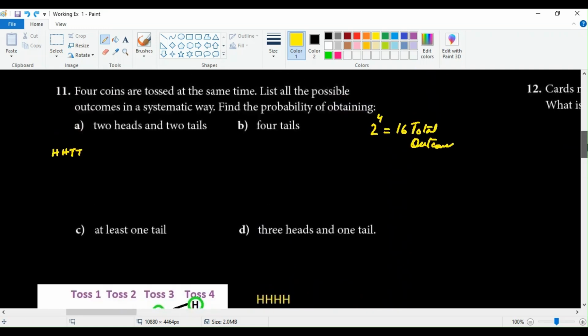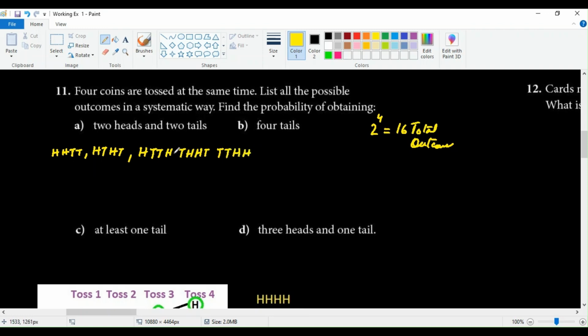Now comes, so altogether it's going to be six outcomes. Let me write it down. Head, tail, head, tail. Third possibility is to have head, tail, tail, and head. Fourth possibility is tail, head, head, and tail. And the last possibility is tail, tail, head, head.